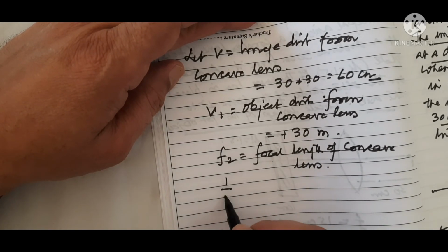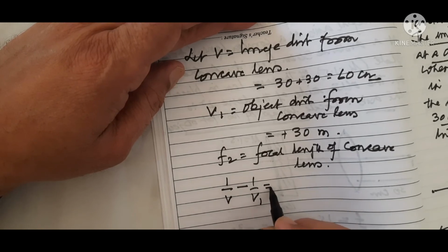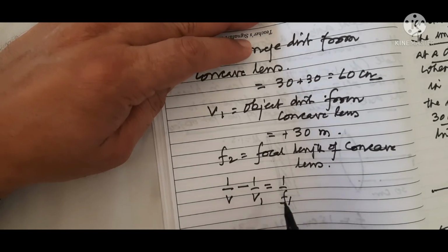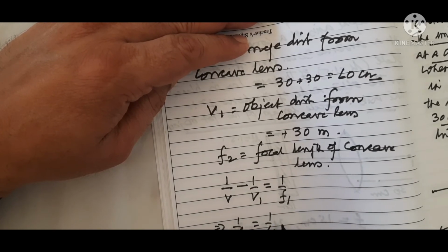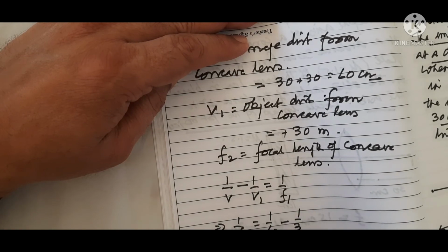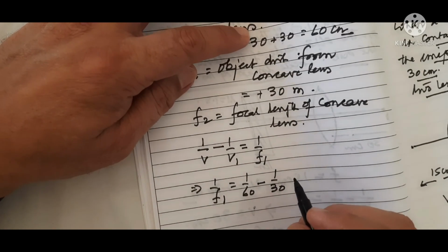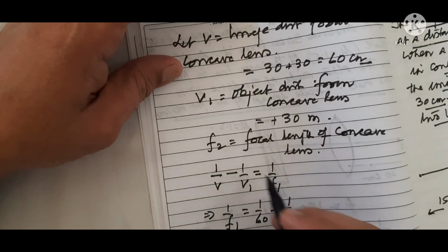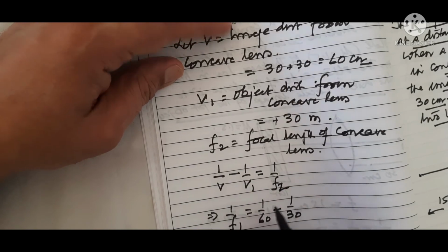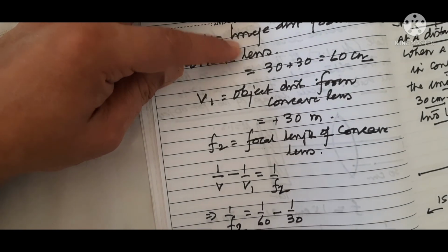So we can write again 1 by v minus 1 by v1 is equal to 1 by f2. So by putting the value, 1 by f2 is equal to 1 by 60 minus 1 by 30. Here it is f2 होना चाहिए.